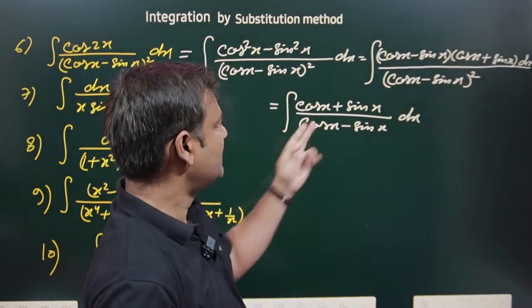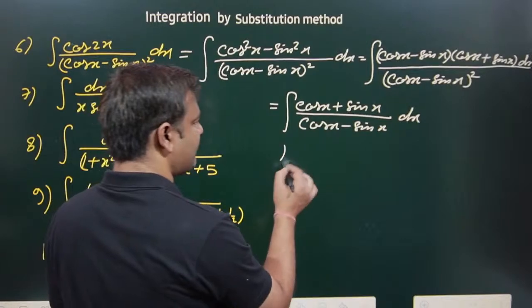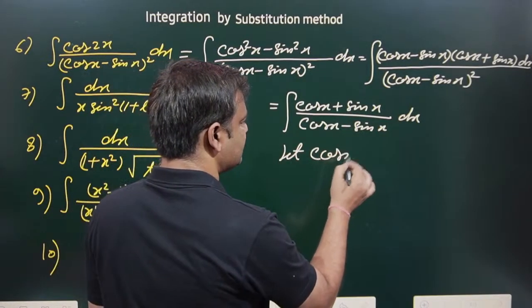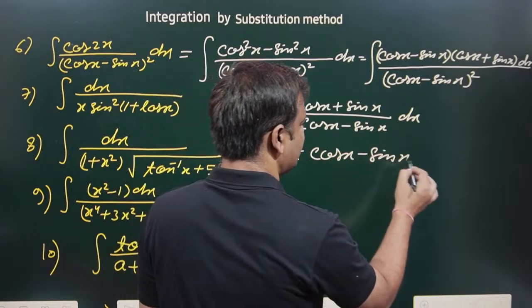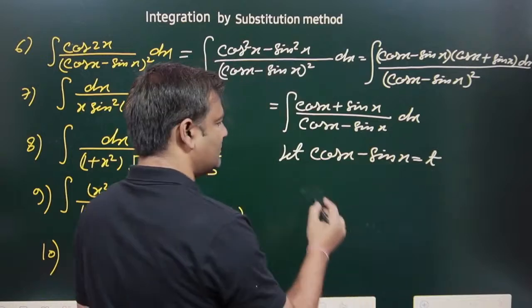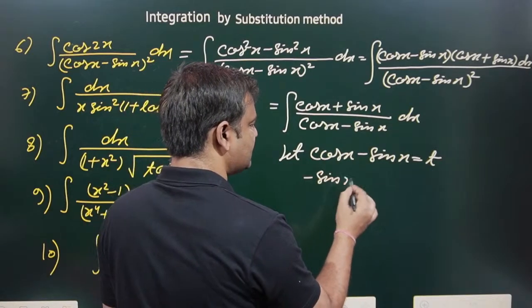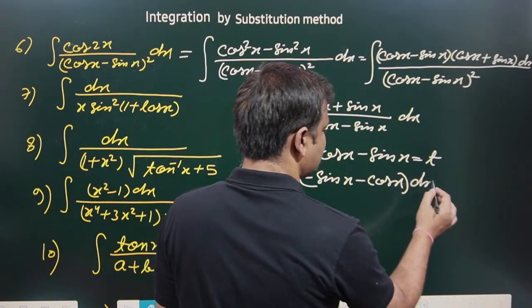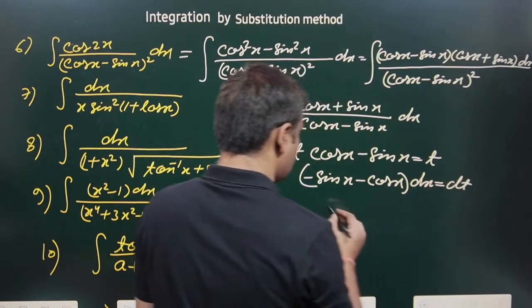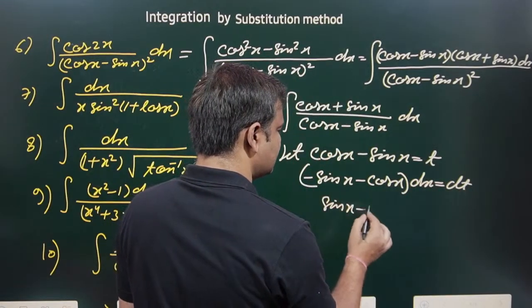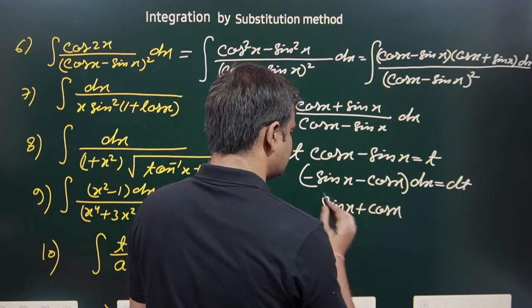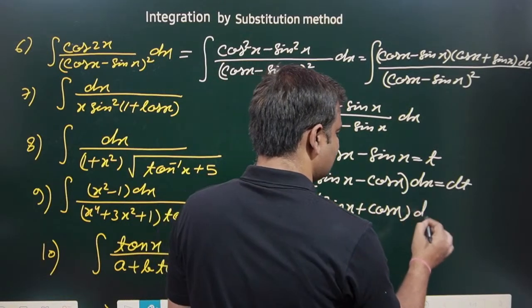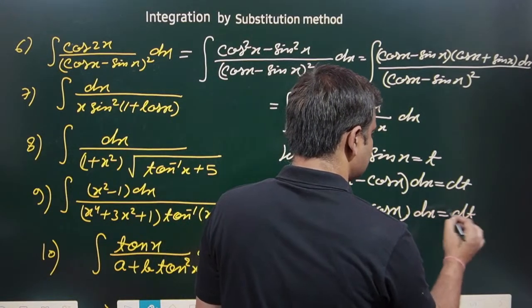After that we get this. Let cos x minus sin x be t. Differentiate both sides, then this one is minus sin x and here minus cos x into dx, this is equal to dt. So you can say that sin x plus cos x dx is replaced by minus dt.